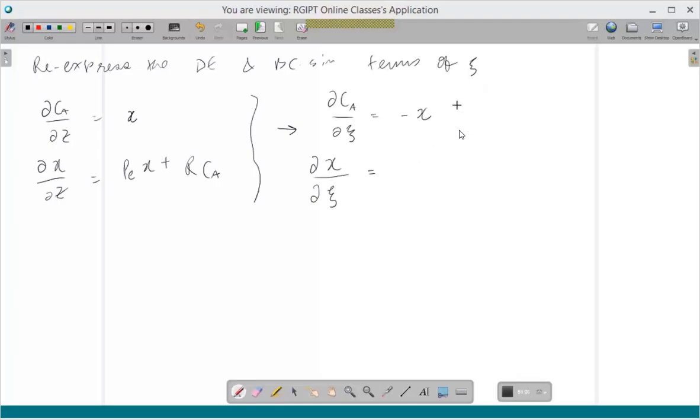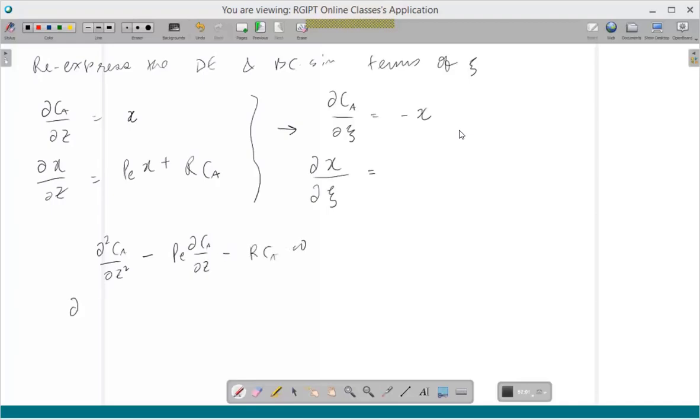Let me write down this first. Your equation was del square CA by del Z square minus Peclet number del CA by del Z minus RCA equal to 0.